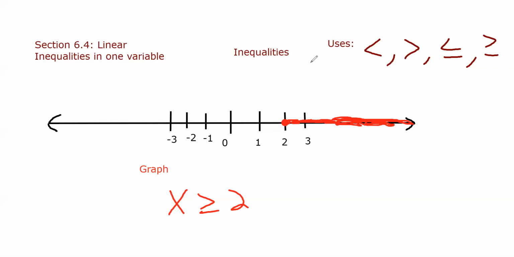Another notation you see: here we used a closed circle. Sometimes you'll see them use something called a bracket. It's a nice bracket that has 90-degree angles like this. That's another way that you can demonstrate that the 2 itself is included because it's greater than or equal to 2.